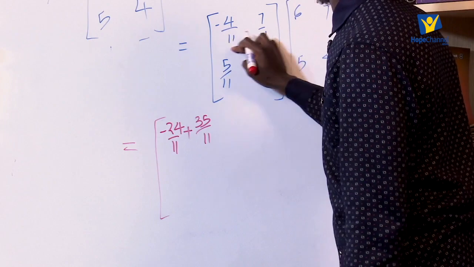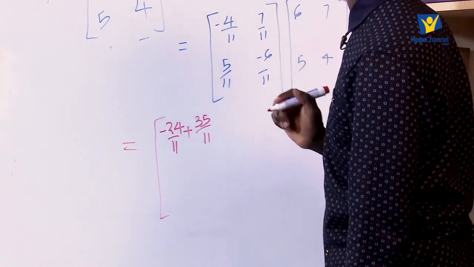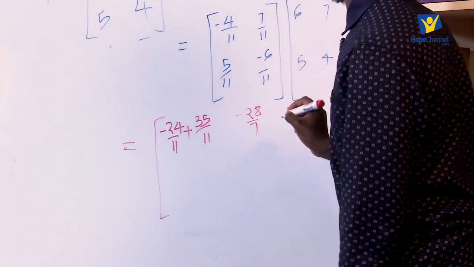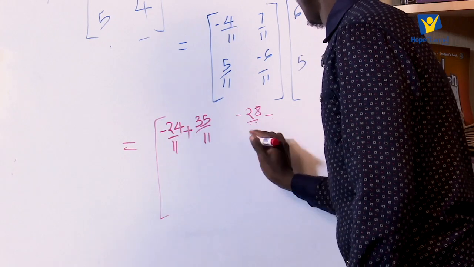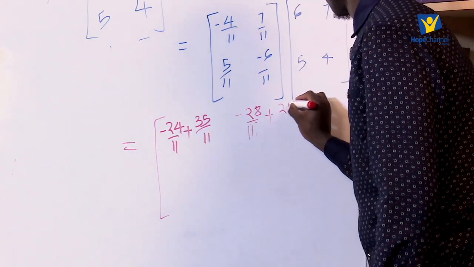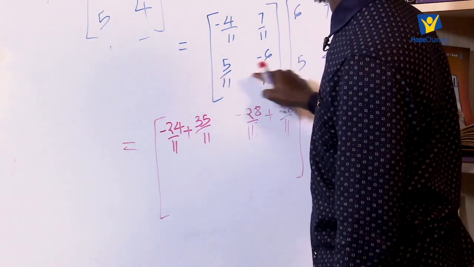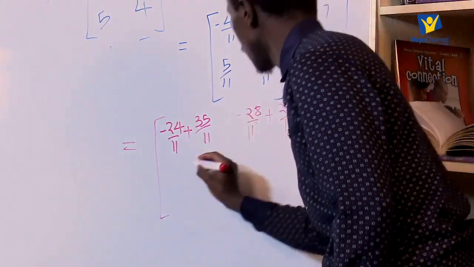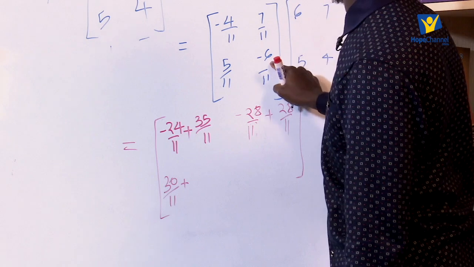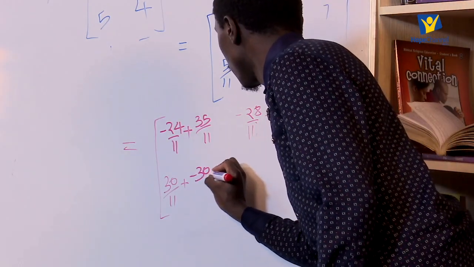Then first row, second column: negative 4 over 11 times 7 gives us negative 28 over 11, plus 7 over 11 times 4, which is 28 over 11. Then row against column, 5 over 11 times 6 gives us 30 over 11, plus negative 6 over 11 times 5, which is negative 30 over 11.